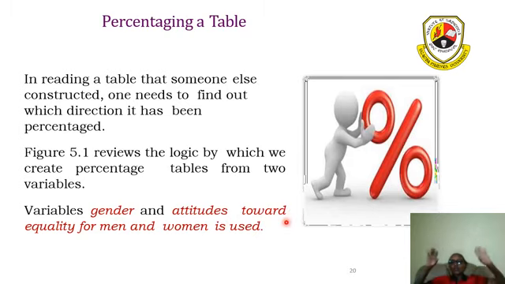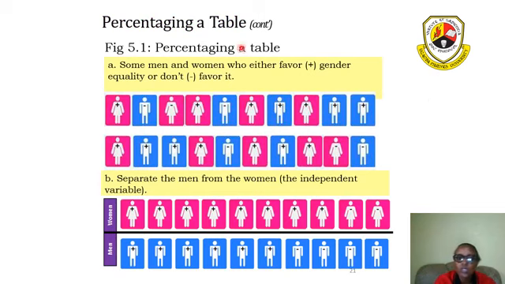In other words, a group of people were surveyed to find out their attitudes towards equality for men and women, and to see who gives the most response. So here we have the results where we have one woman who was positive, one man who was negative, a woman who was negative, basically giving a positive attitude towards gender and equality.